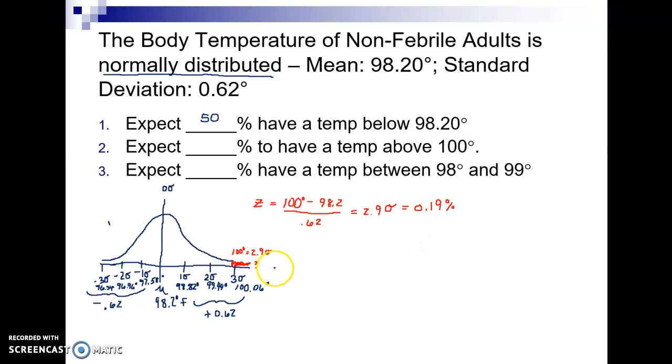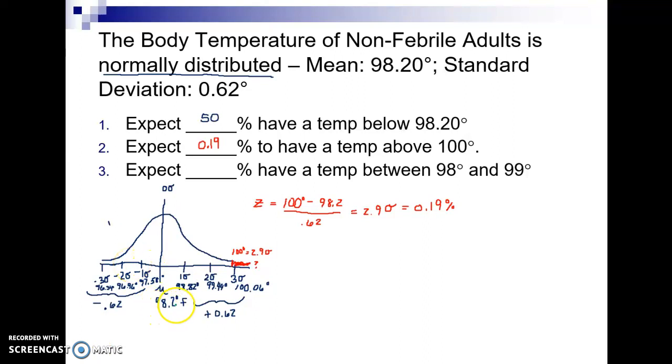Let me write my answer up here and then we'll take a look at the last one. So we have 0.19%. Our last problem says we expect blank percent to have a temperature between 98 and 99. So I'm looking on my graph for where 98 would be.